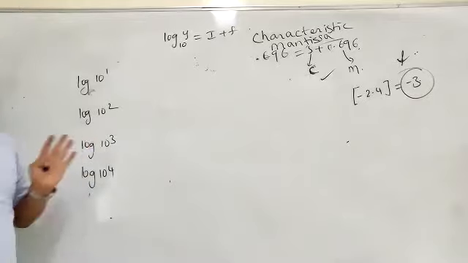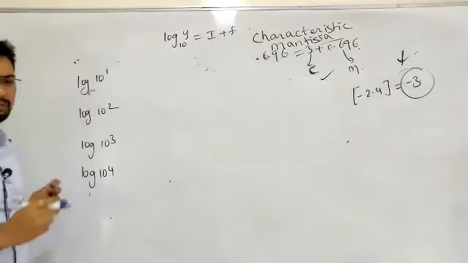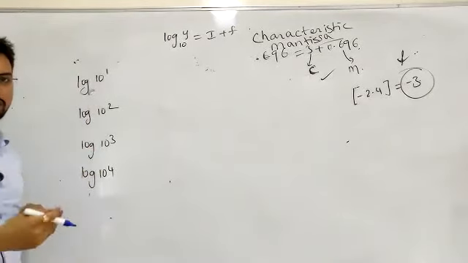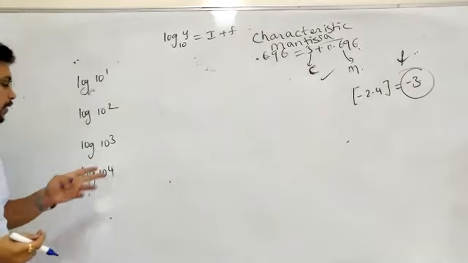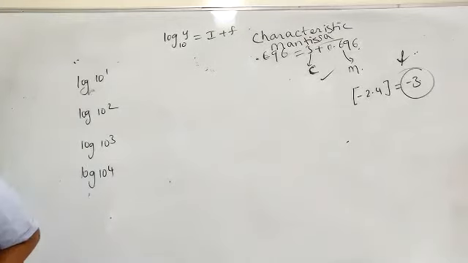I'll write something like this. Listen carefully. This is a simple concept, but if you understand it, you can solve any problem of that kind. I'll write log of 10 power 1, log of 10 square, log of 10 cube, and log of 10 power 4.